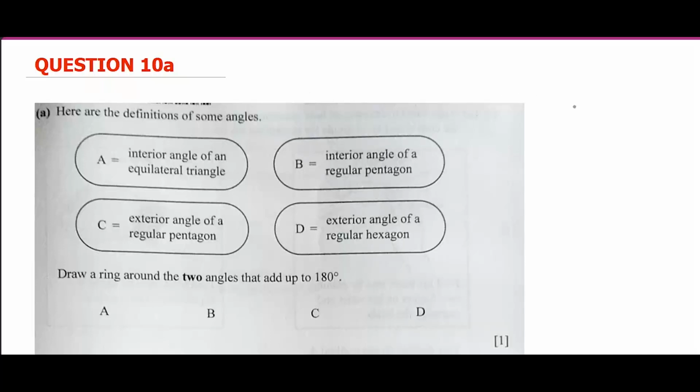So if you have a regular pentagon like this, the interior angle and the exterior angle will add up to 180 degrees. So in this case, angles B and C will add up to 180 degrees.